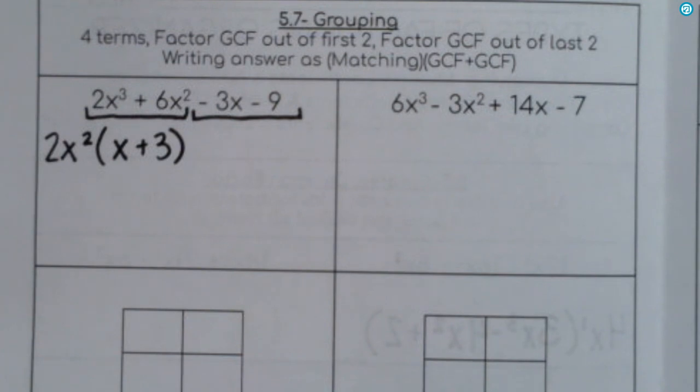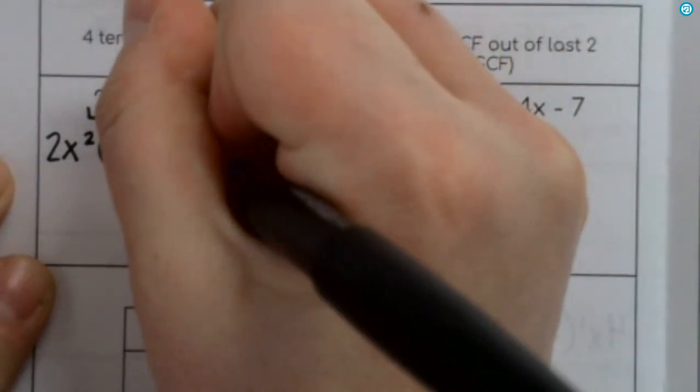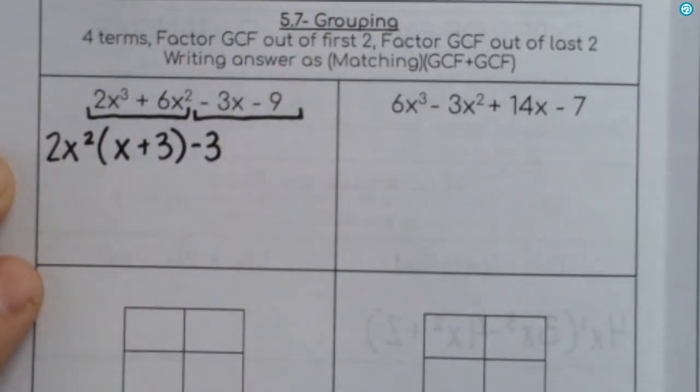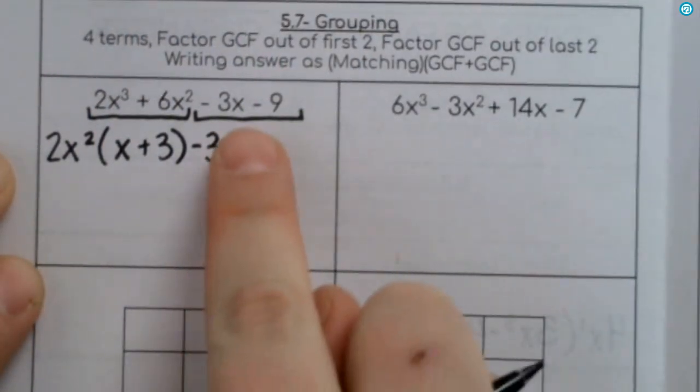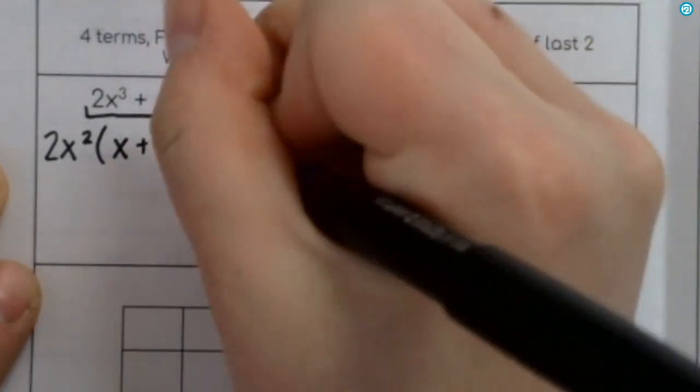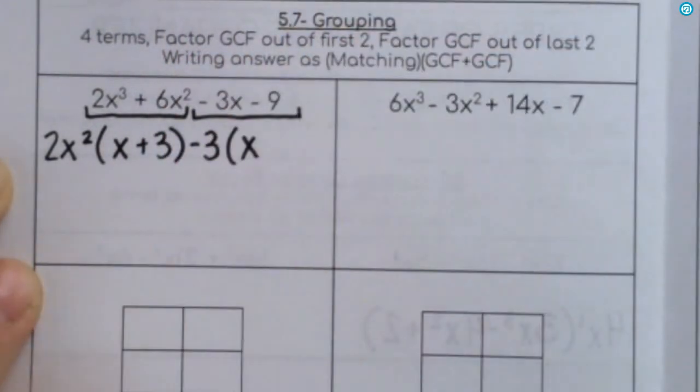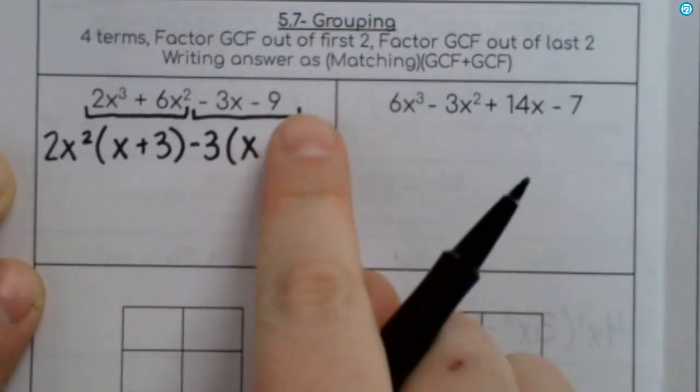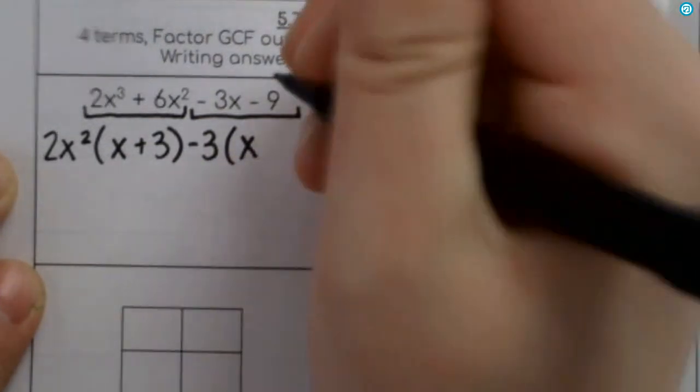For -3x minus 9, I can divide the 3 and the 9 both by 3. But since that third term is negative, and I want to leave behind a positive x, I need to divide by -3. So my GCF out of my last 2 is -3. -3x divided by -3 is positive x. -9 divided by -3 is positive 3.